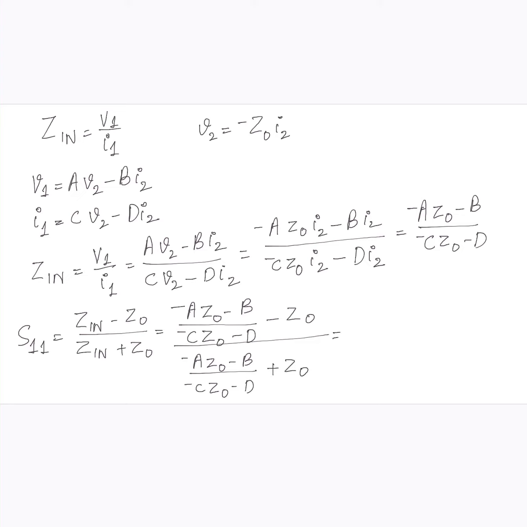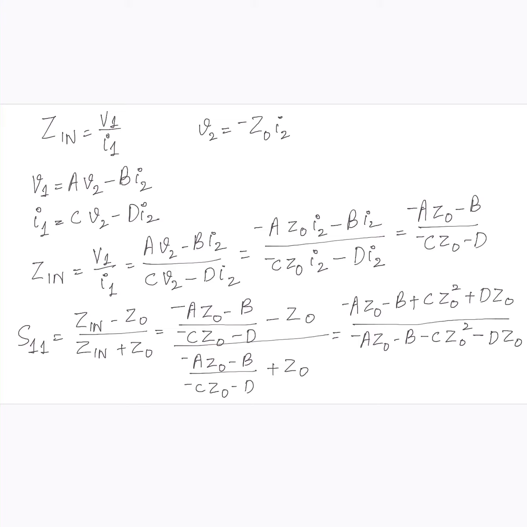Solving this equation and multiplying the denominator with Z0, the equation becomes minus A Z0 minus B plus C Z0 square plus D Z0 divided by minus A Z0 minus B minus C Z0 square minus D Z0.